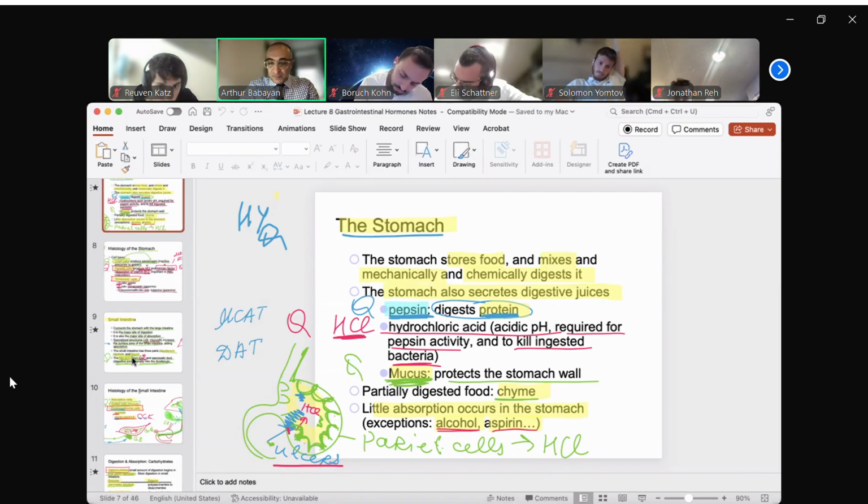Hydrochloric acid is produced by parietal cells. Where are the parietal cells located, guys?